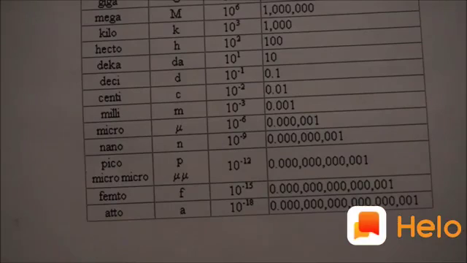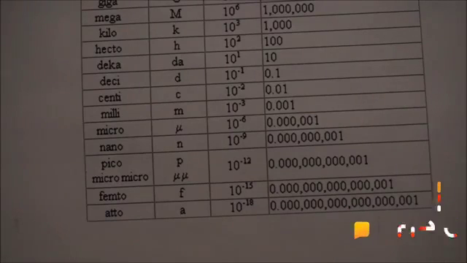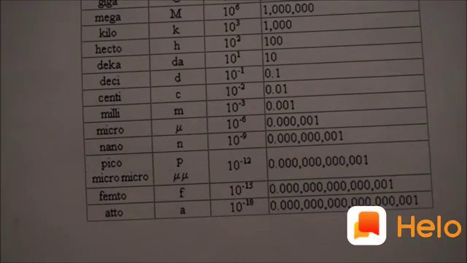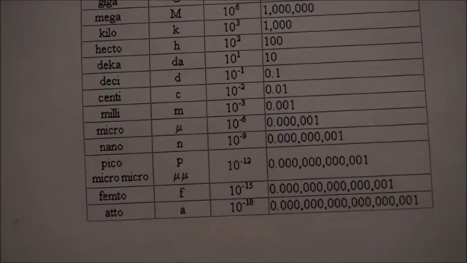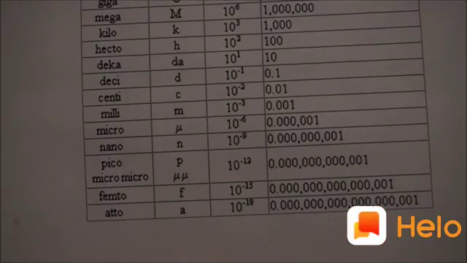It's a base 10 system. So you have exponents of 10, whether it's 10 to the first power, 10 to the negative first power, whatever. Basically, that number that is the exponent is how many spaces the decimal point is going to move forward or backward.